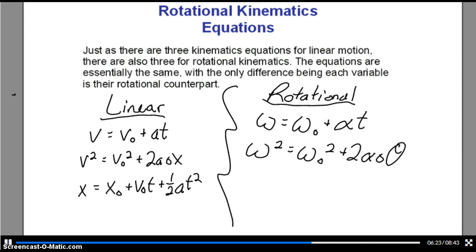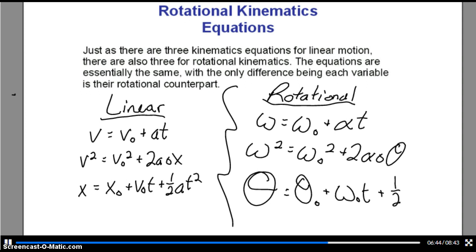And last but not least, whenever we're talking about position for angular, we're talking in terms of theta. So we have theta equals initial theta plus omega initial t plus 1/2 alpha t squared.